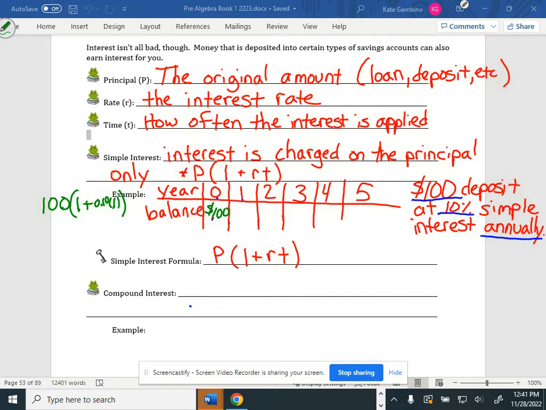If I use my calculator, we get to use calculators for this part of the test. If I do 1 times 0.1, what do I get? Well, 1 times anything, 0.1. 1 plus 0.1 would be 1.1, times that by 100.